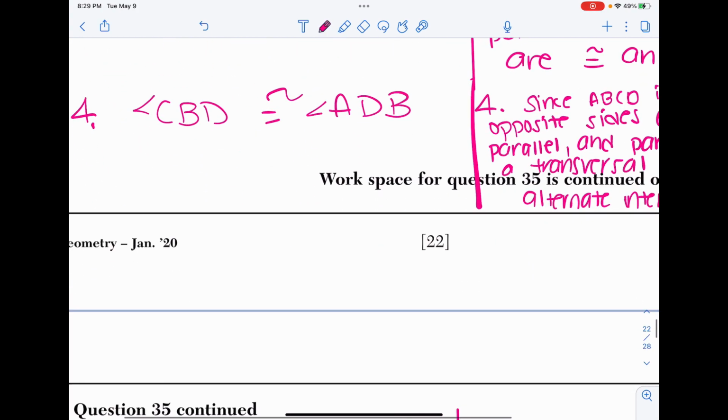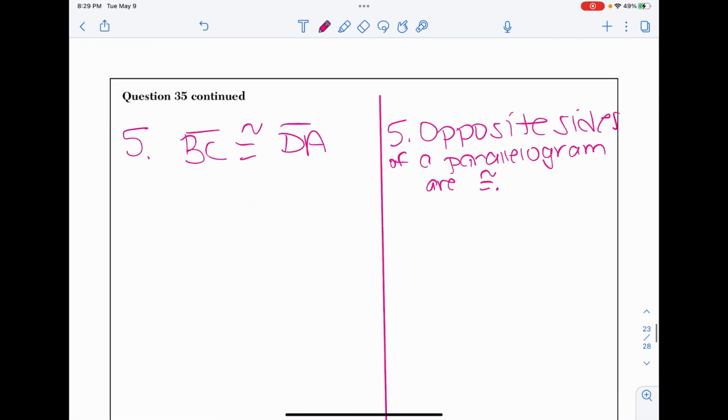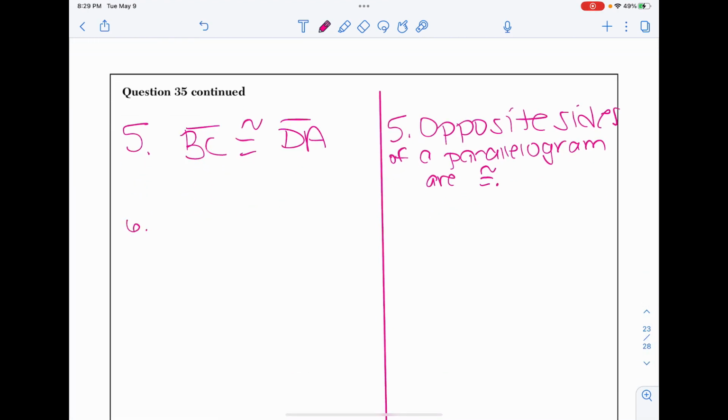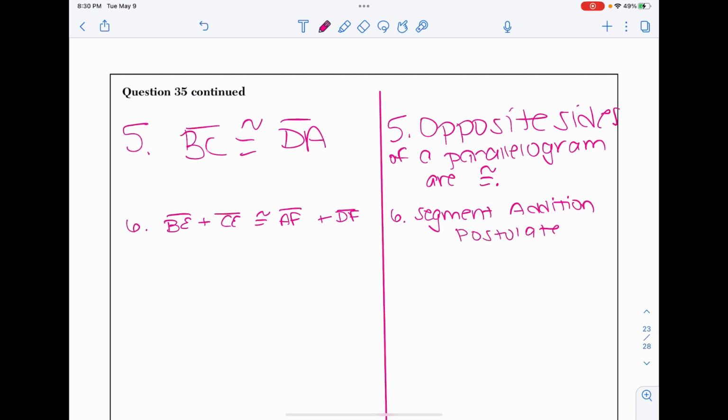So let's start off by saying in line 6, okay, that BE plus CE is congruent to AF plus DF, and that's by the segment addition postulate. Basically, we could take two segments and add them up.